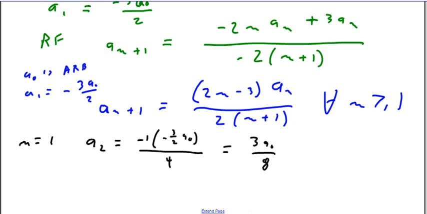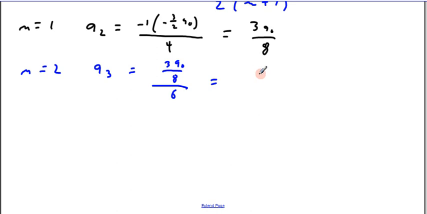Okay, for n is equal to 2, I have a3, and so 2's in there, that's a 4, minus 3 is a 1, so I'm going to have a2, which is 3a0 over 8, divided by 2 times 3, which is 6. So I'm going to have a0 over 16. N is equal to 3.